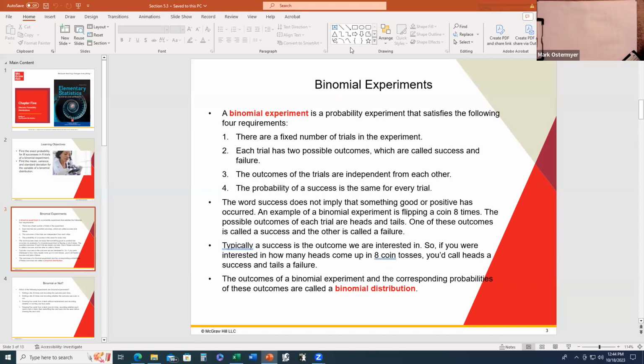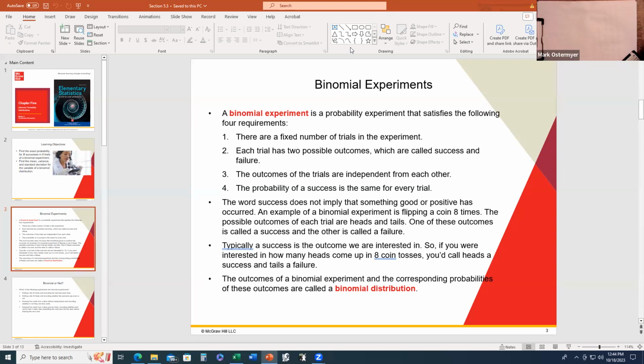Now, this word success, ladies and gentlemen, is a little misleading, because when we think of the probability of experiencing a success in an experiment, we think that's a good thing. That doesn't necessarily have to be a good thing. A success could be that we randomly select a battery from, let's say, 100,000 brand new batteries, and that battery being no good.